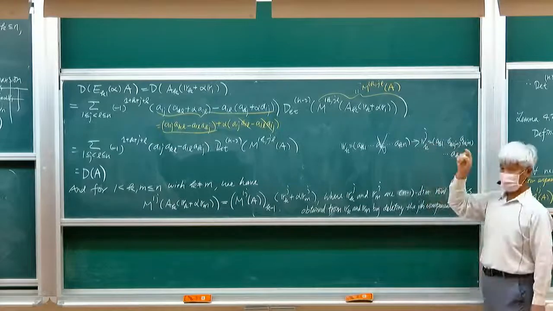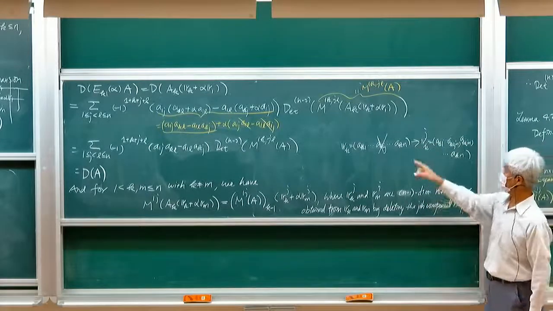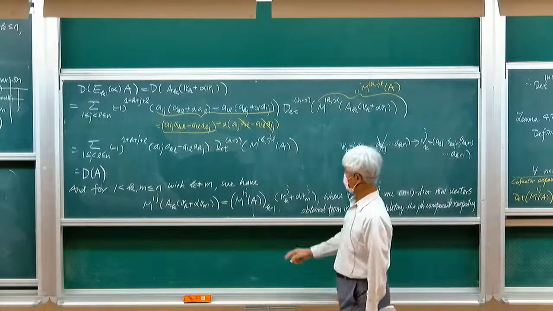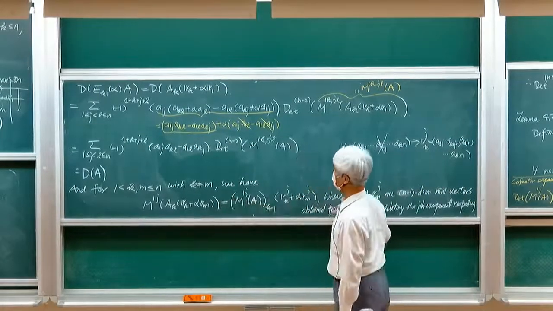Okay, so it's one dimension shorter than the original row vectors. So this comes to this one.